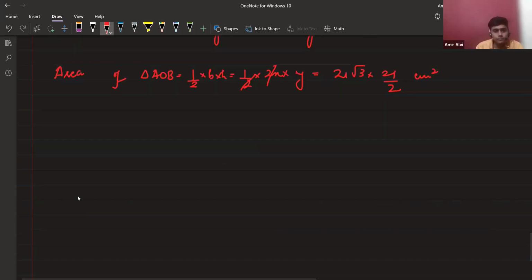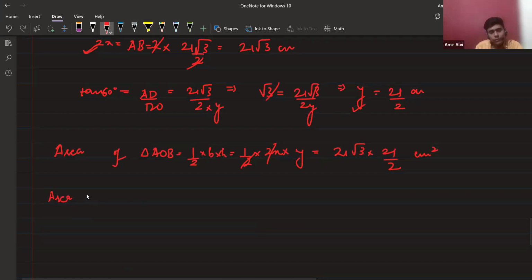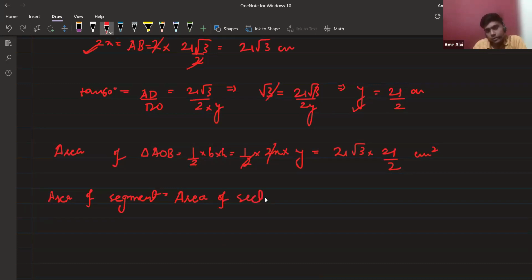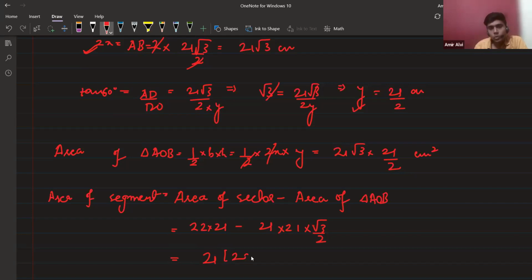So area of segment, not sector, is equal to area of sector minus area of triangle AOB. This is 22 into 21 minus 21 into 21 into root 3 by 2. Take 21 common here: 22 minus 21 root 3 by 2.